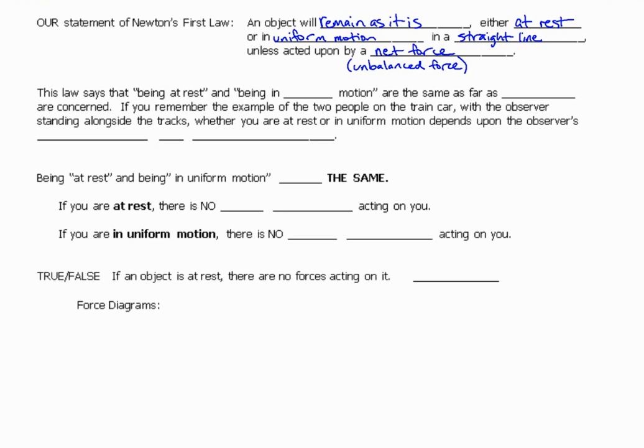This law says that being at rest and being in uniform motion are the same as far as forces are concerned. If you remember the example of the two people on the train car, where the observer was standing alongside the tracks, whether you are at rest or in uniform motion depends upon the observer's frame of reference. The two people on the train were throwing the ball back and forth, and the ball was behaving the same as if they were at rest.